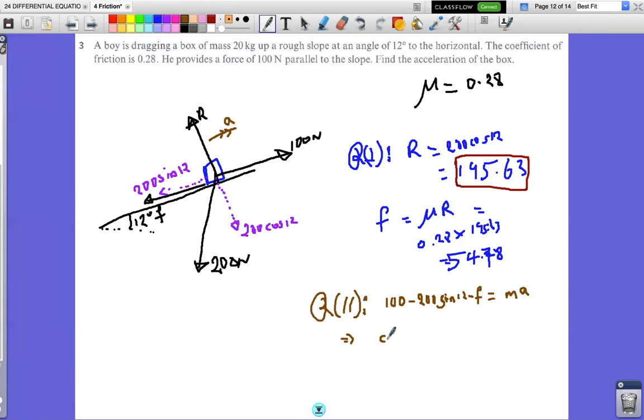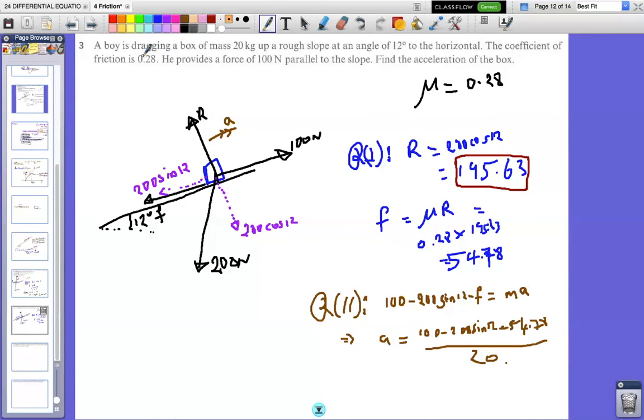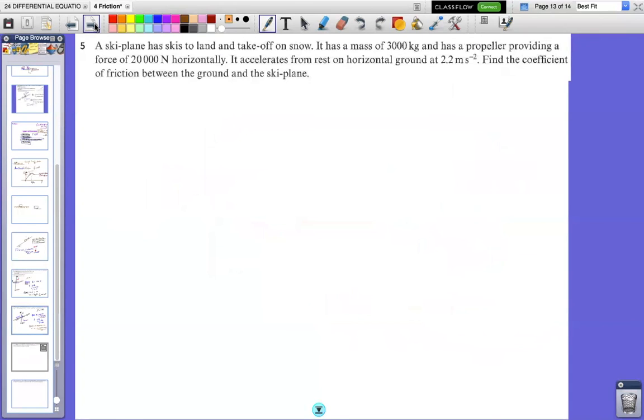That gives you A to be 100 minus 200 sine 12 minus 54.78 divided by the mass, which is 20. Okay? That second problem shows how to solve such problems on an inclined plane. We have 2 more problems to go.